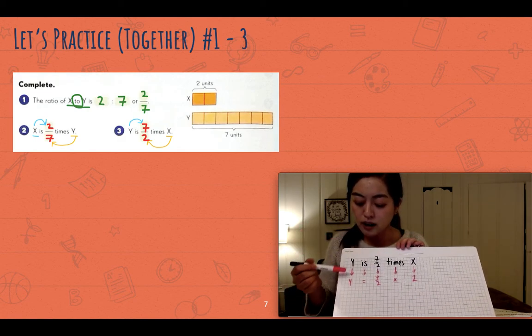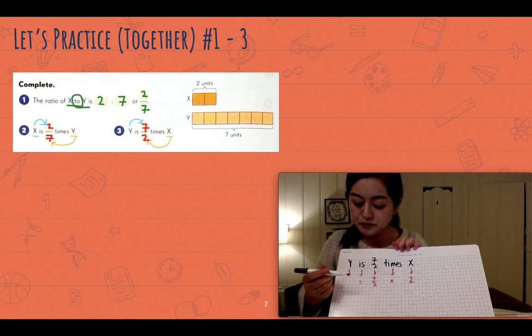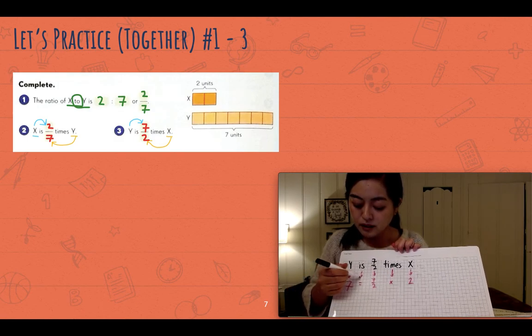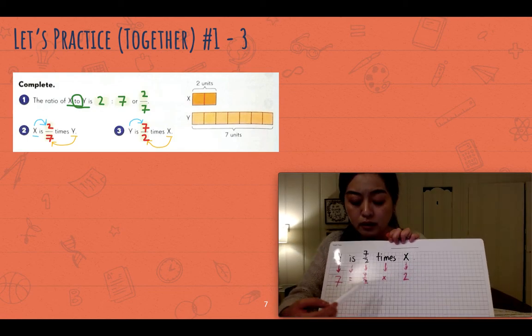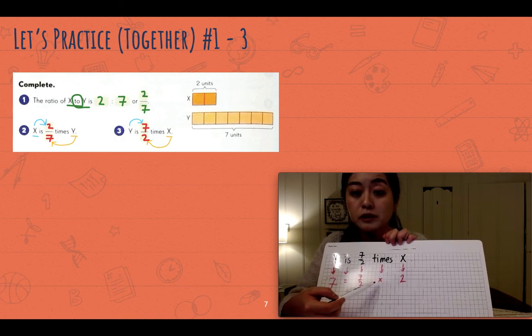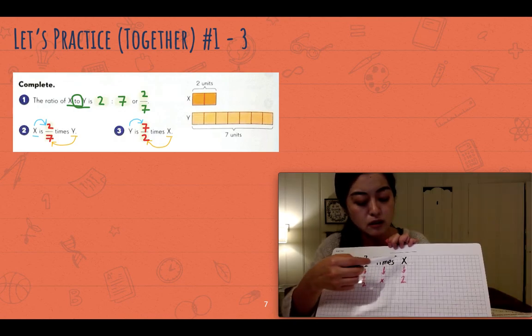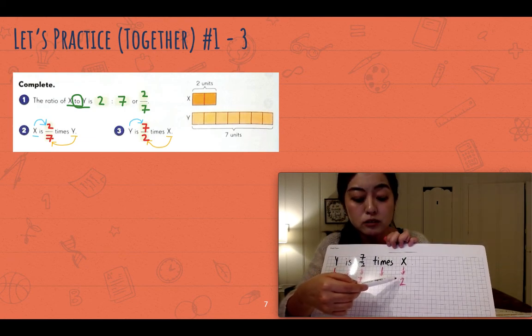So here y, in this case, is 7 units, so I'm going to write 7, an equal sign, 7 halves, times, the multiplication operation x, and then x, if I look at the model, is 2 units.